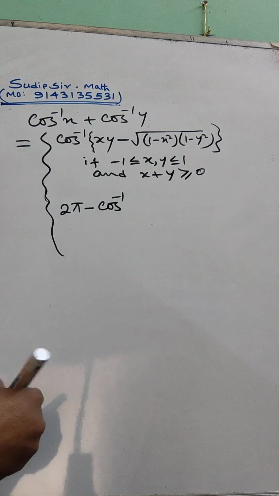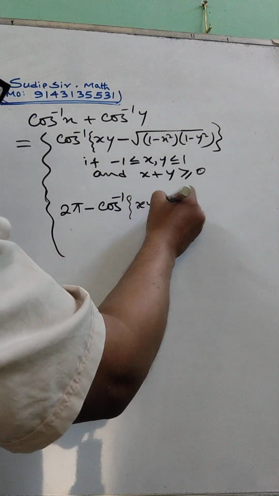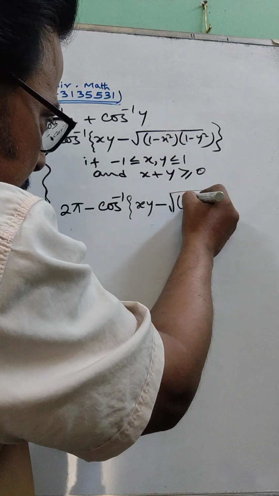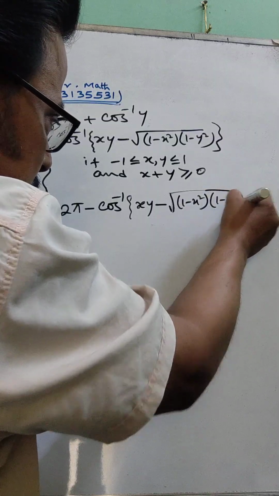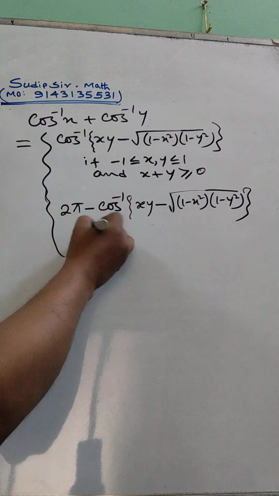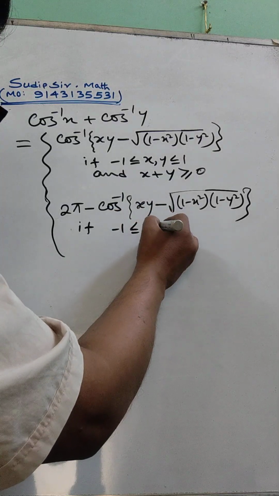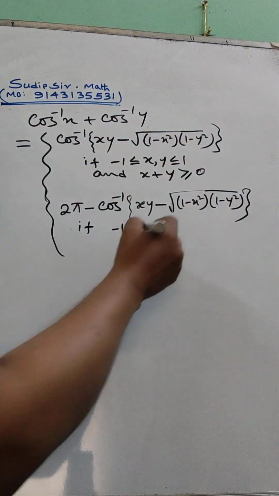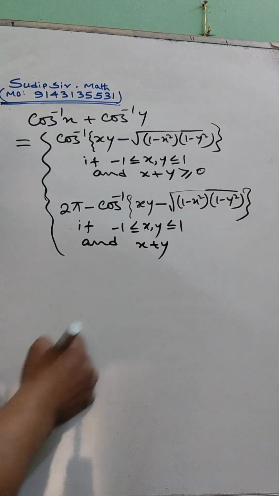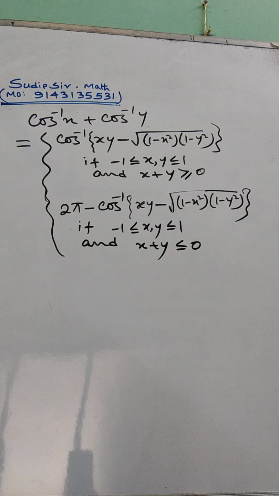minus cos⁻¹(xy − √(1 − x²)√(1 − y²)), under the condition −1 ≤ x, y ≤ 1 and x + y ≤ 0.